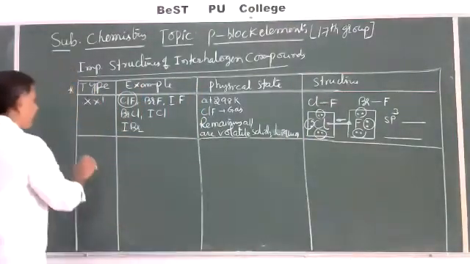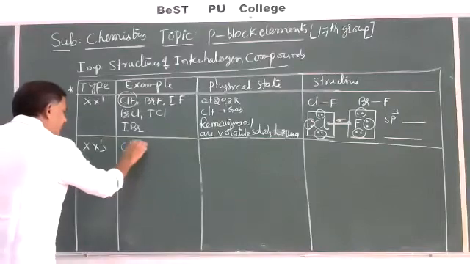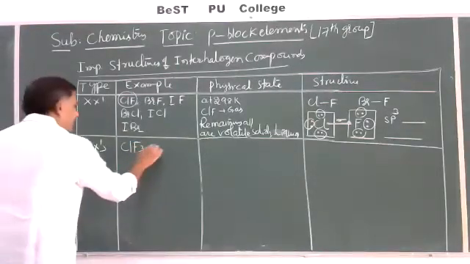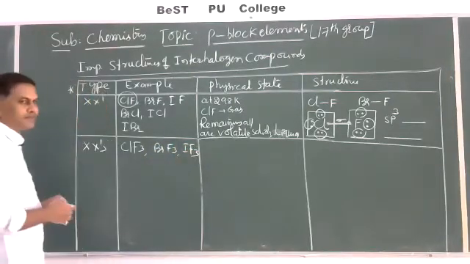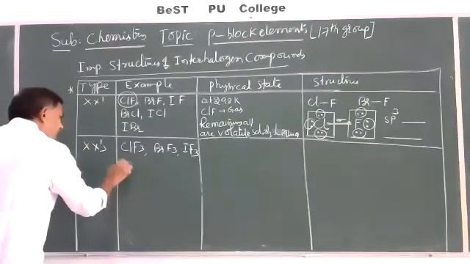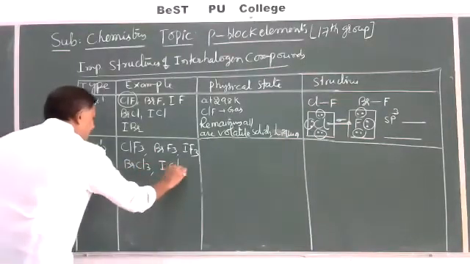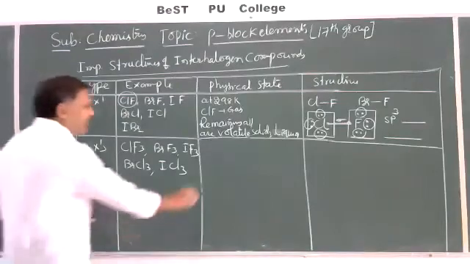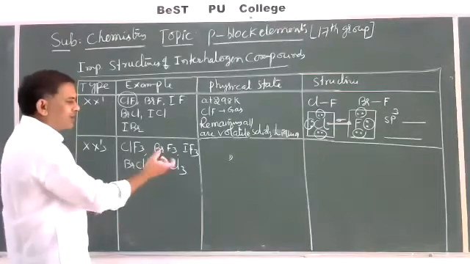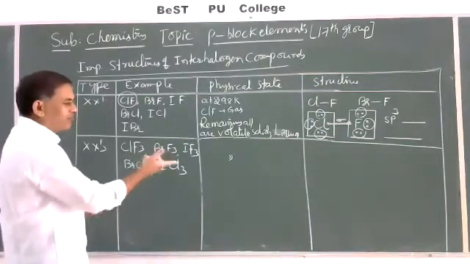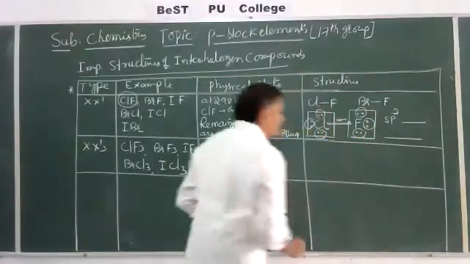Next one is the XX'3 type. We can take ClF3, or BrF3, or IF3, or here we can take BrCl3 or ICl3 as examples. Similarly, based on temperature conditions, the physical state changes: orange color, red color, or solid, alpha, beta, allotropic forms change based on conditions. Here the main important thing is the structure.